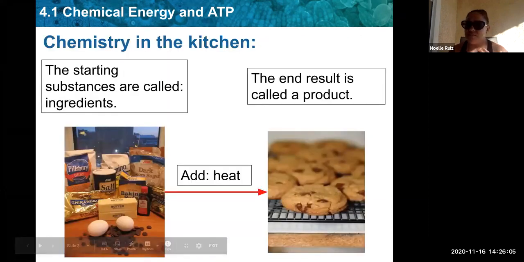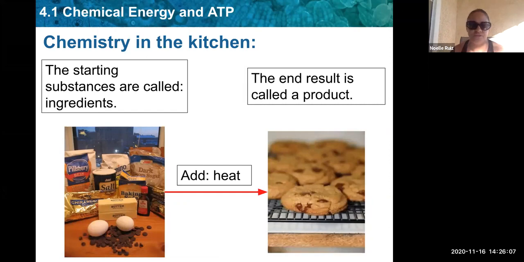So chemistry in the kitchen. We use chemistry in the kitchen all the time. There's all your ingredients. So if you put the butter, the sugar, the milk, the eggs, the flour, everything together, they're called ingredients when you're in the kitchen. And then you add heat, and the end result is called a product.